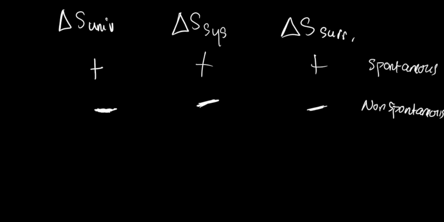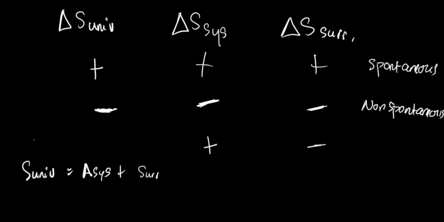Okay, now in a case where we have the change in entropy of the system to be positive and the change in entropy of the surrounding to be negative, would this reaction be spontaneous or non-spontaneous? Well, it depends, because we have established that that of the universe is equal to surrounding plus system.